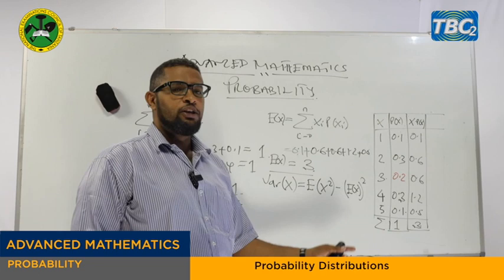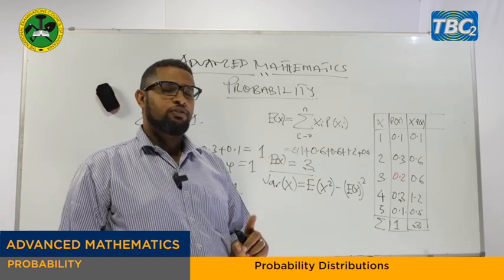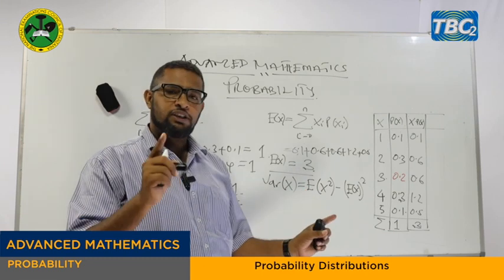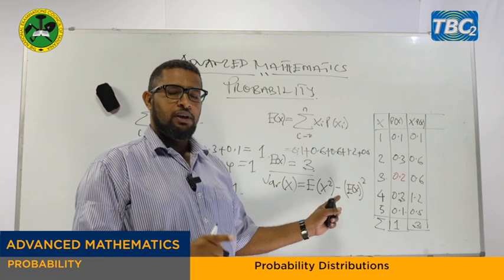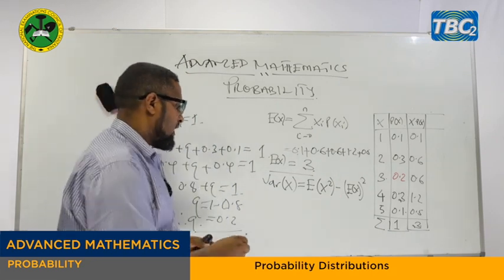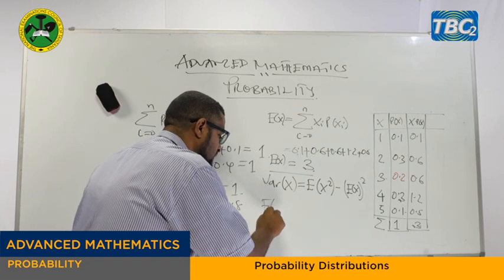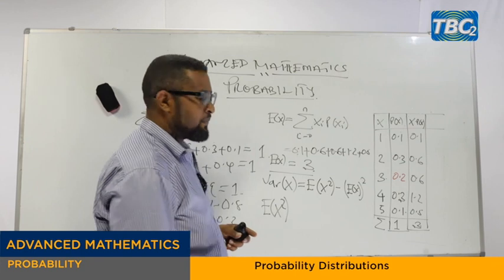Now, what are the needs of this formula? We need a column that will help us to find the expectation of variable when it is squared. Remember, our variable here is x. But how do we find the expectation of this random variable x when it is squared?